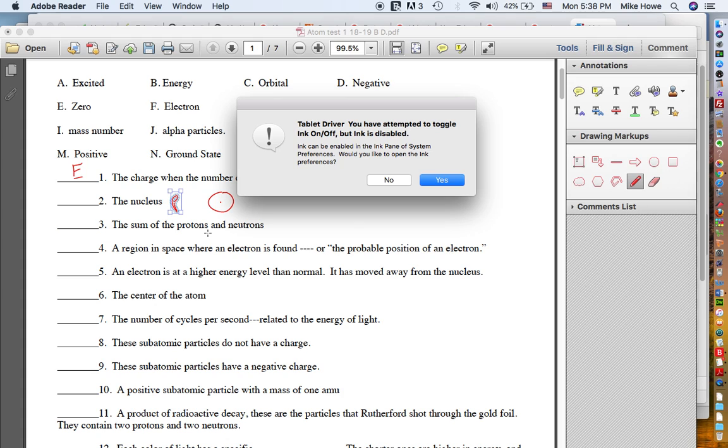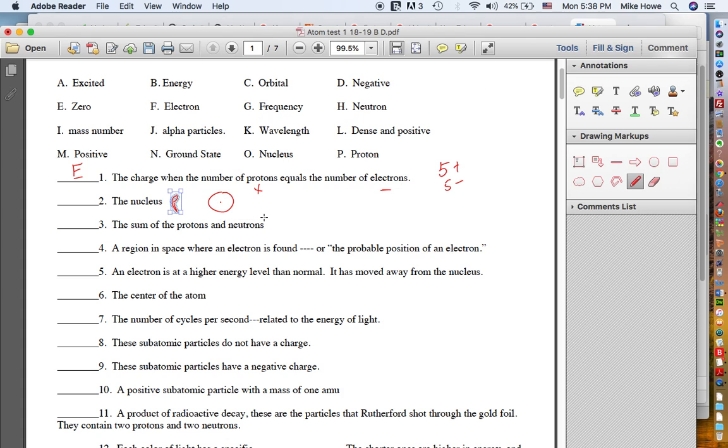Now the neutrons don't give it a charge, but they do help make it dense. So it has protons and neutrons, but it's very dense and it's positively charged. That's L. I also took M. If you put M on the test, I should have taken that for just plain positive.